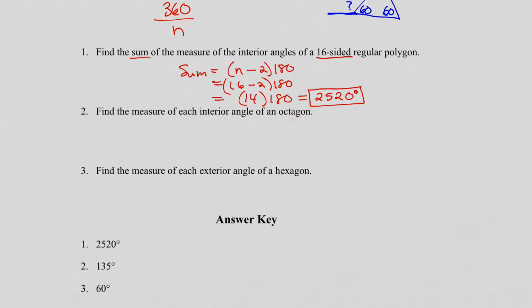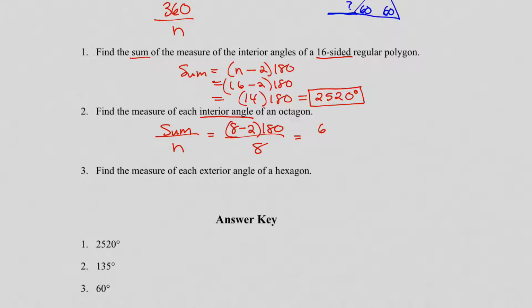Find the interior angle of an octagon. So let's use the formula for that. To find an interior angle, we first have to find the sum. So it's the sum of all the angles of an octagon divided by n. But to get that sum, we have to do 8 minus 2 times 180 and then divide by 8.